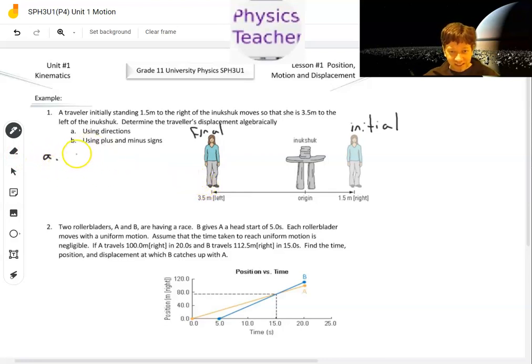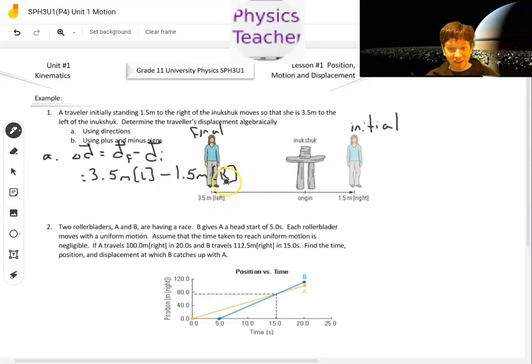So if I use directions, well, the equation is final minus initial. My final position is 3.5 meters left minus my initial position, which is 1.5 meters right.